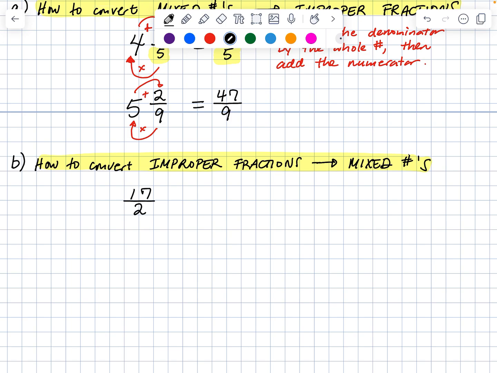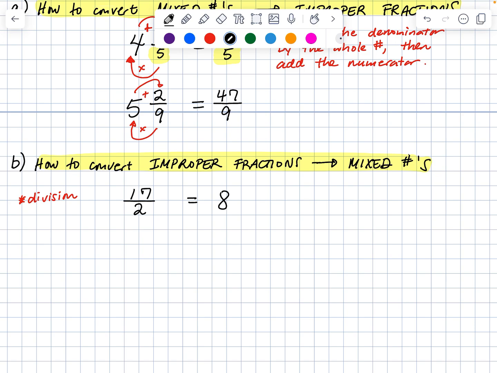So what I'm going to do is access my skills of division, right? So what I'm going to think to myself is, okay, I'm going to get the biggest whole number here. So I'm thinking 17 divided by 2. What will give me the biggest whole number without going over? So you're accessing your skills of division here. So I know the closest whole number I can get to is 8, because I know that 8 times 2 will give me 16.